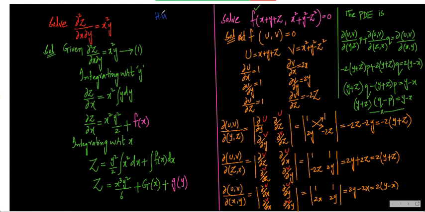You have to solve this one: solve ∂²z by ∂x ∂y is equal to e to the power y into cos x. This is the question, right? You have to solve this question and send me a photo of it on WhatsApp. I'll check if it is correct.